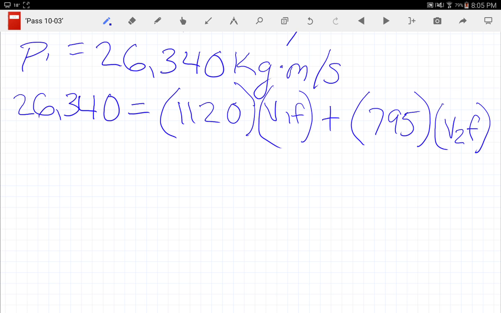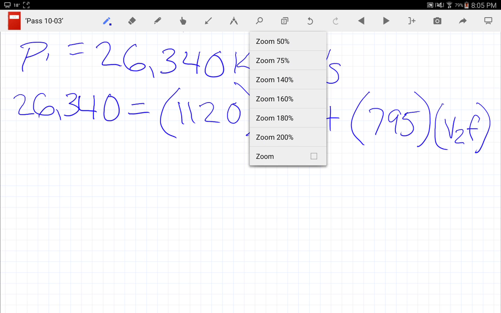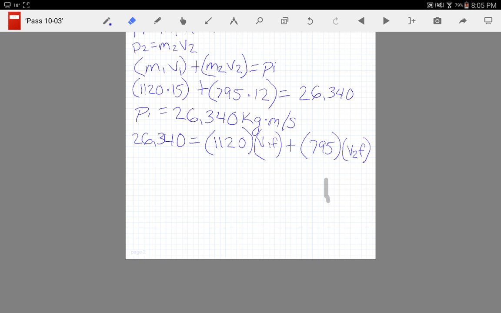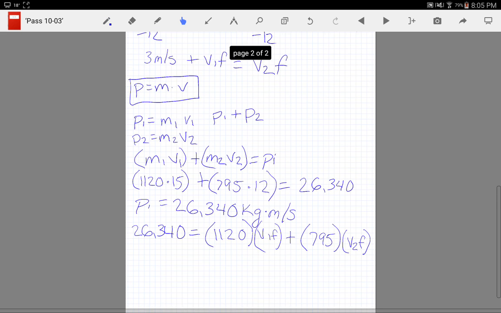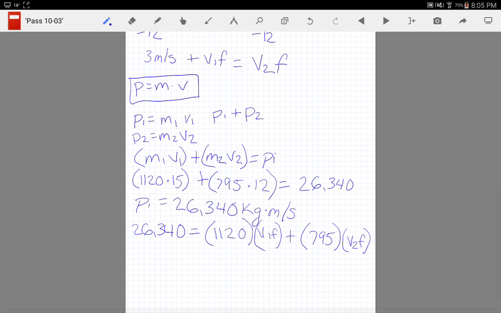So to solve for this, give me just a sec. Okay. So we're working with the equation here at the very top, the 3 meters per second plus V1 final equals V2 final, and we're working with this bottom equation. You can just plug in V2F. Yes. Plug that in for V2F.